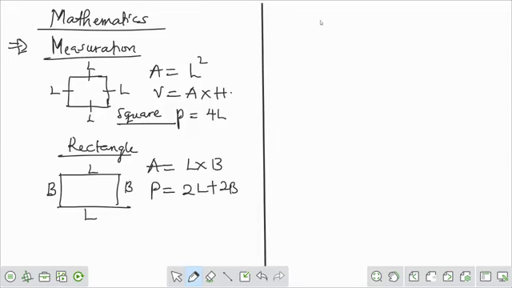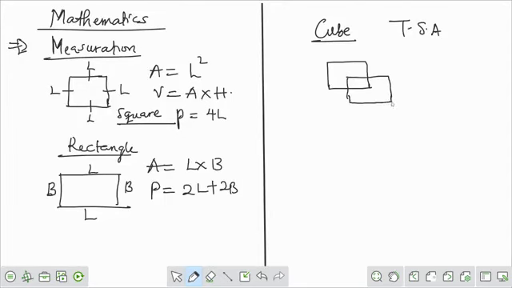Now let's go to cube. When we move to cube and cuboid, you'll have something we call total surface area, and curved surface area, though we may not be talking of curved surface area on a cube because a cube doesn't have curved surface area. Now this is a cube. You must draw it in the form of a square, because all the sides of a cube are equal. You are not drawing a rectangle, but for a cuboid you'll be drawing rectangles.